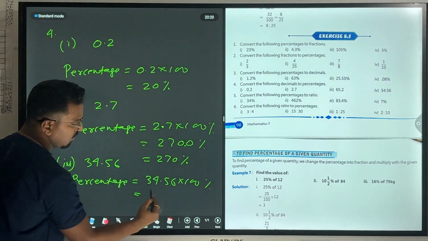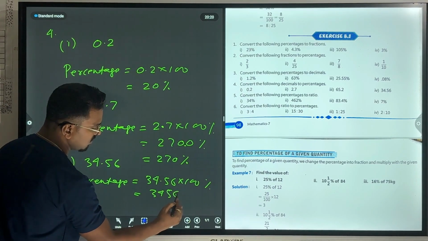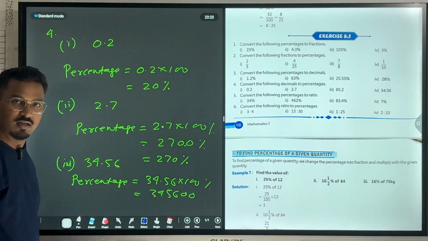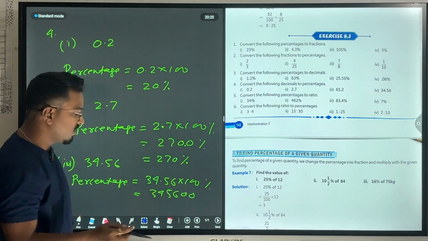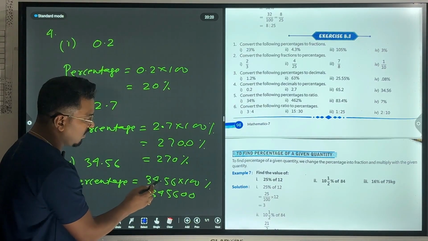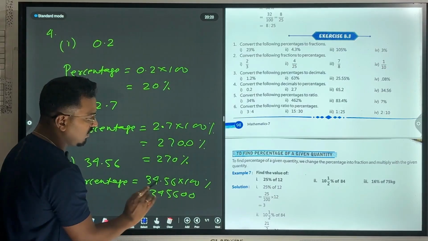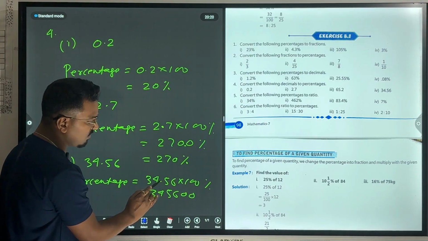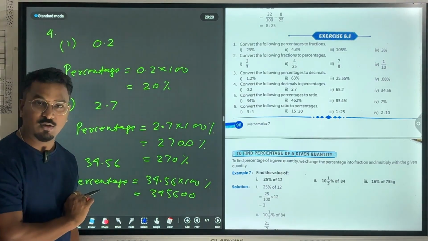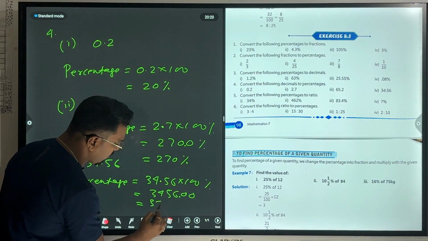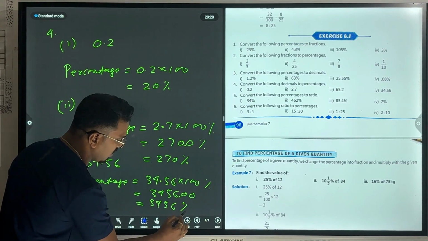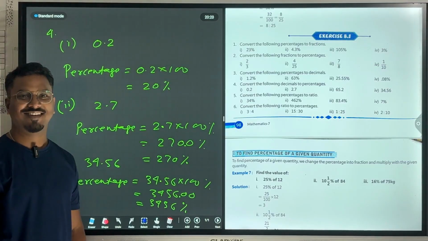Now if you multiply, it will become 345,600, isn't it? Now you count the decimal. In the beginning you just multiply 3456 with 100. After that you try to count the decimal. After decimal, how many digits are there? 2 digits. So after 2 digits you put this. So it will become 3456%. Clear?